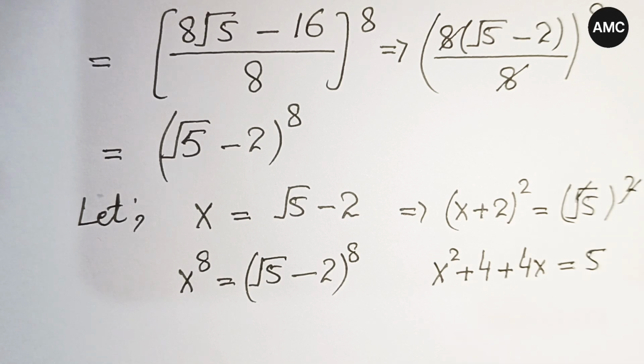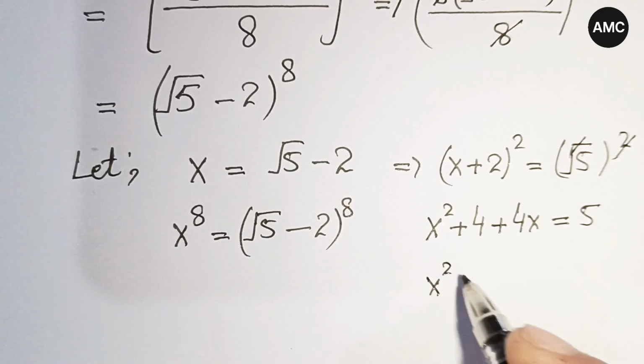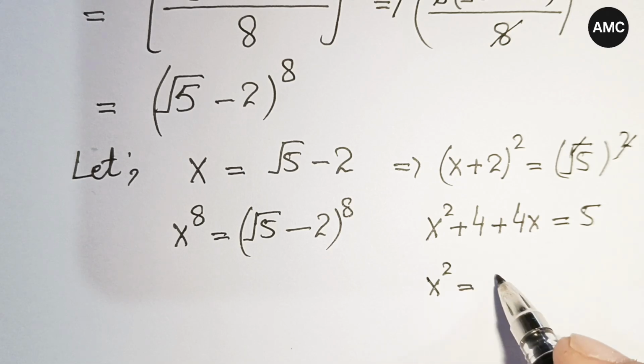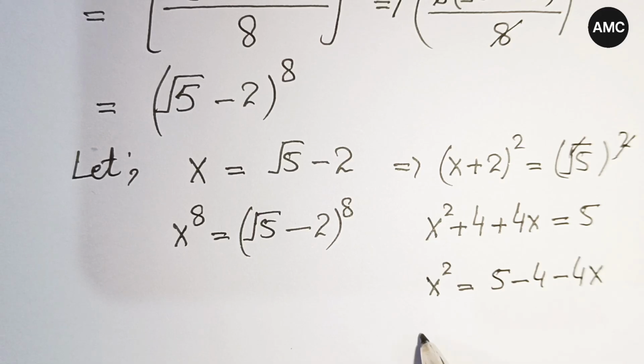Now if we find the value of x squared from this equation, then x squared is equal to 5 minus 4 times x. Here we have x squared is equal to 1 minus 4x.